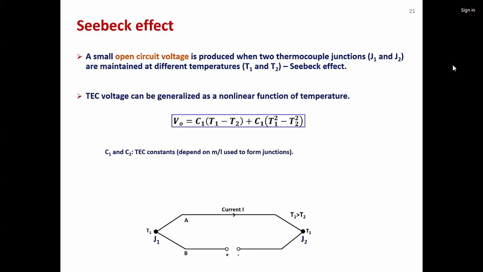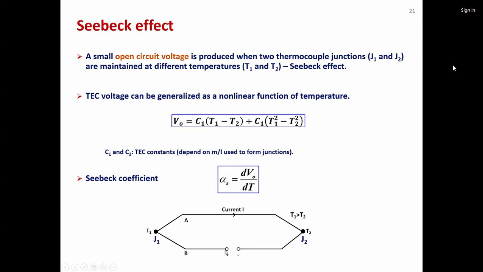So if you see this circuit here, as we discussed, there is a small open circuit voltage that is generated when you have two different junctions, J1 and J2, maintained at two different temperatures, T1 and T2. And this is known as the Seebeck effect. The moment you have two different temperatures at two different junctions, you will have an EMF that is generated. So this thermoelectric voltage can be generalized as a nonlinear function of temperature.